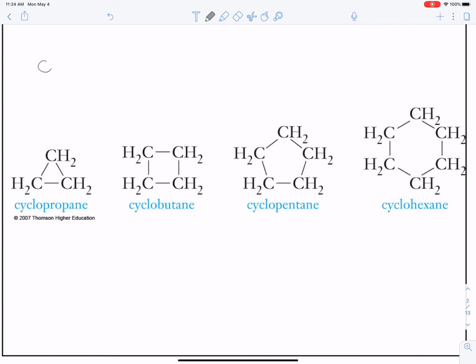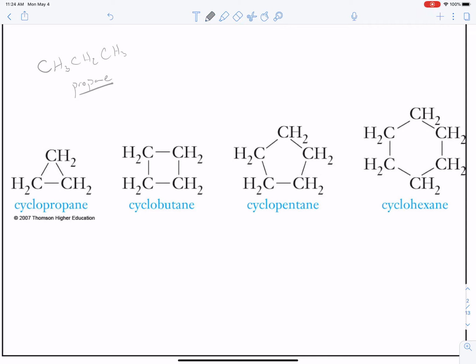And so you see, it is CH3, CH2, CH3. That is propane. Well, what if I take this carbon right here and I bind it to that one? Well, when I do that, now I can go from propane to cyclopropane.